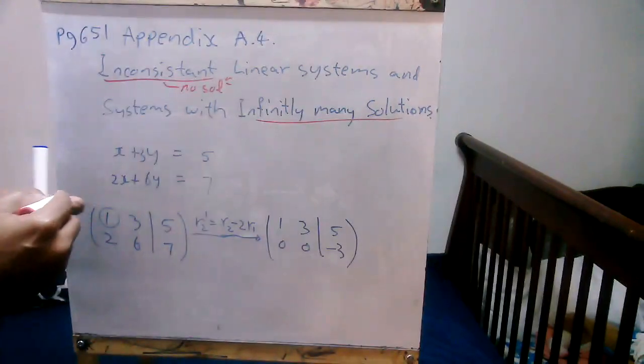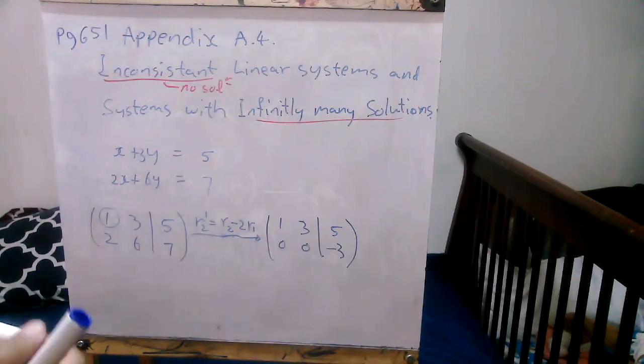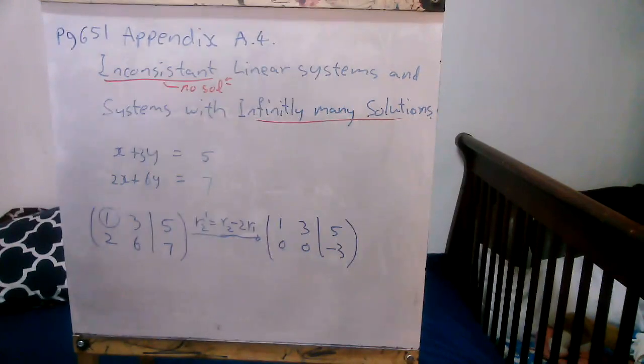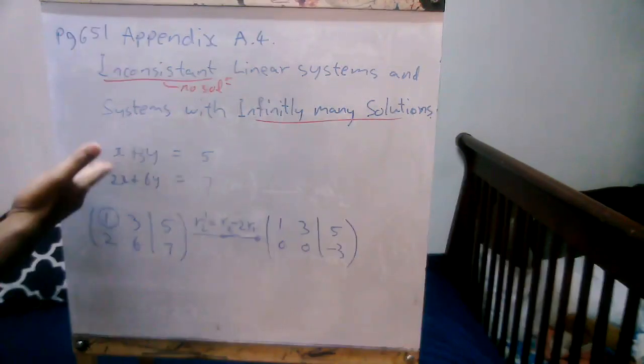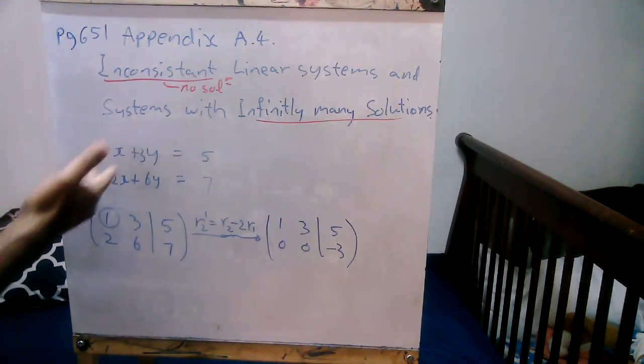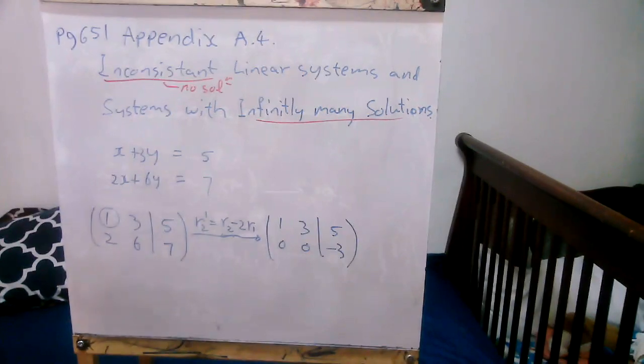So let's get an example. x plus 3y equals 5, 2x plus 6y equals 7. Now if you're going to do this by hand, first you multiply the first equation by 2 and subtract one from the other, right?